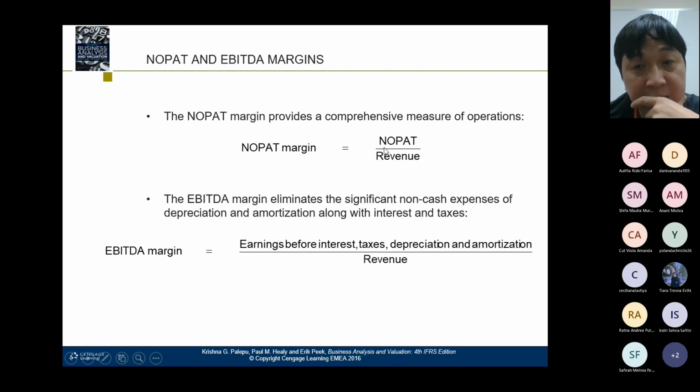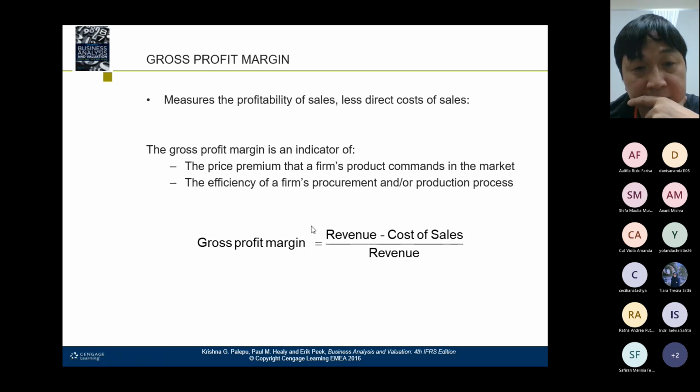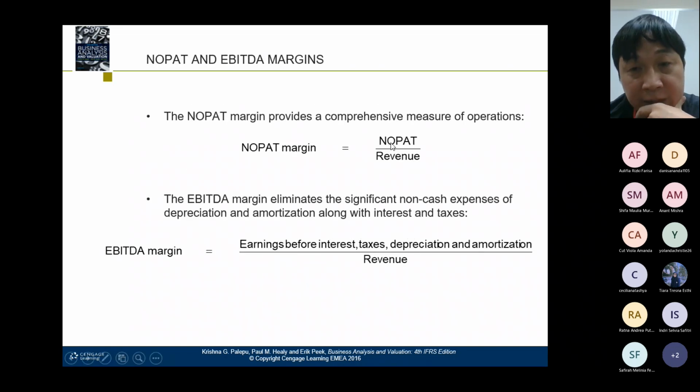NOPAT is the net operating profit after tax. EBITDA is earnings before interest, taxes, depreciation, and amortization. This is a number you can get from the income statement.